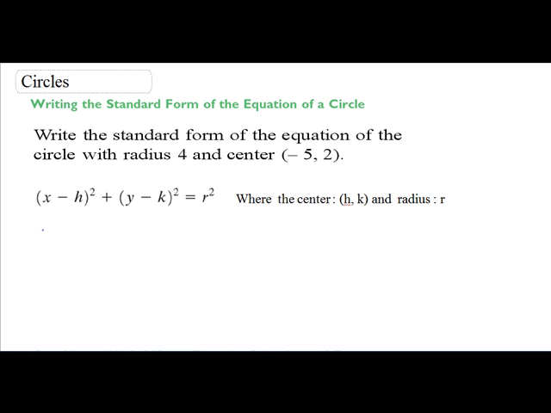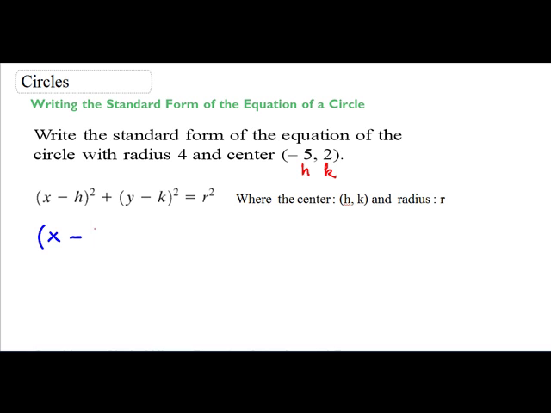All we have to do is substitute the values of h and k into the equation. So in this case, h is -5, k is 2.